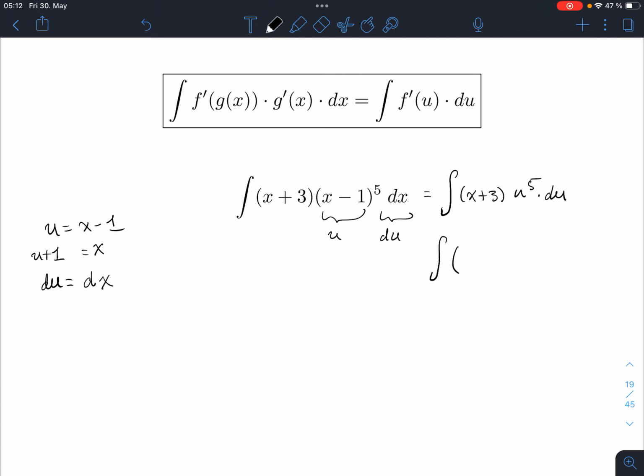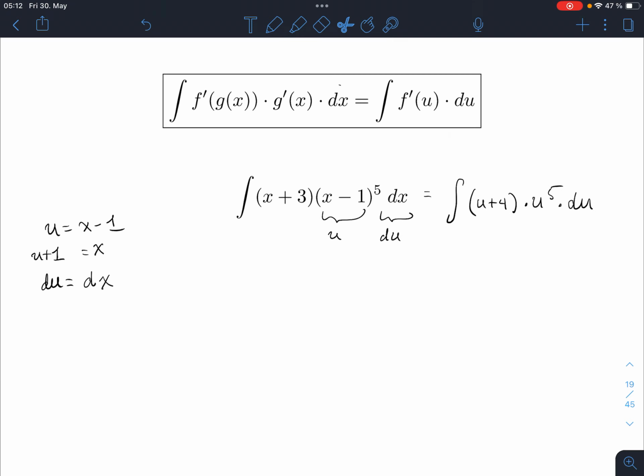And when I do that, this integral is going to change. This is going to be the integral of u plus 1 plus 3, so that's going to be u plus 4. What I did was, x is u plus 1, so u plus 1 plus 3 is u plus 4, times u to the fifth times du.